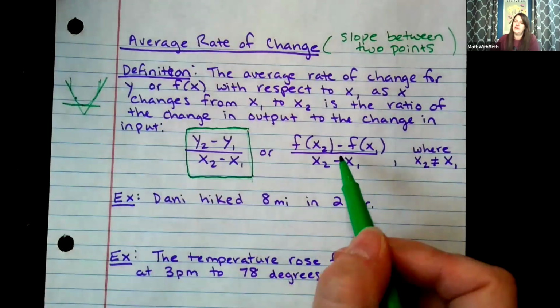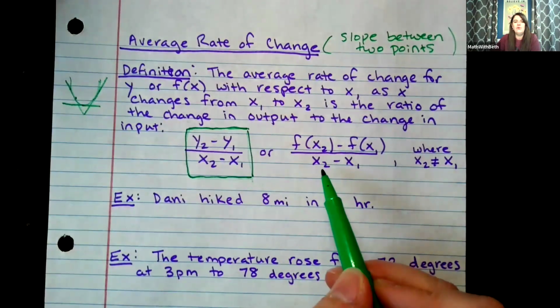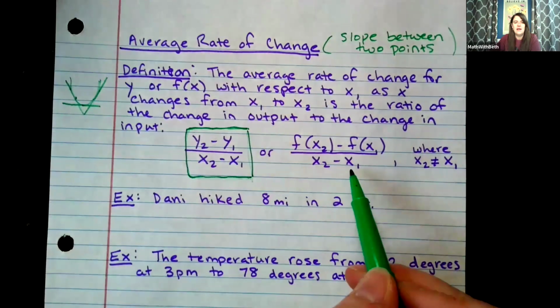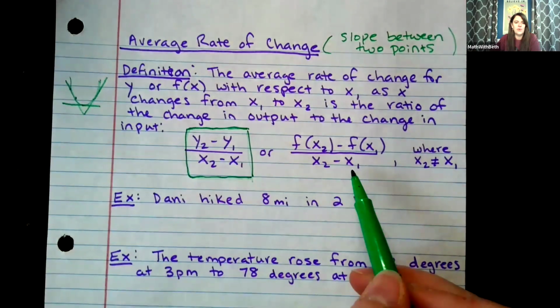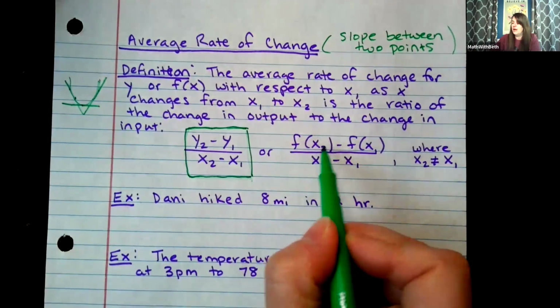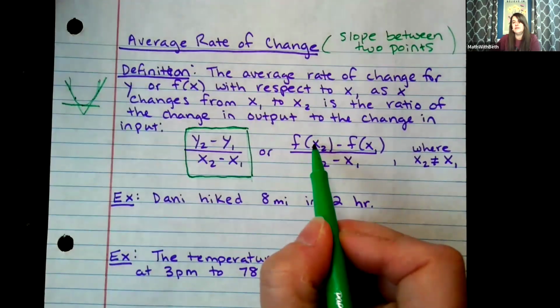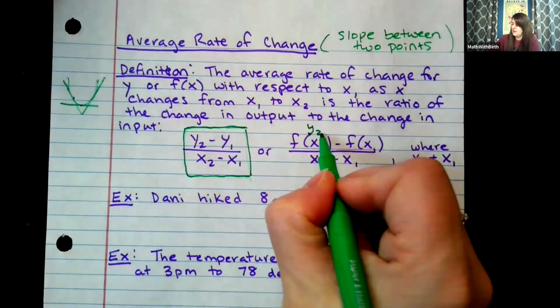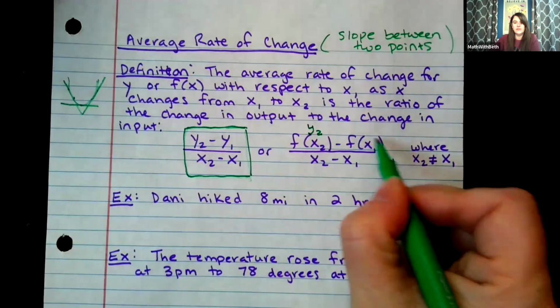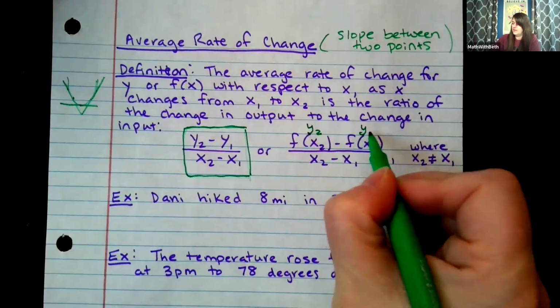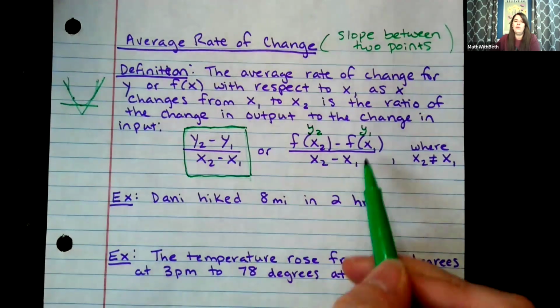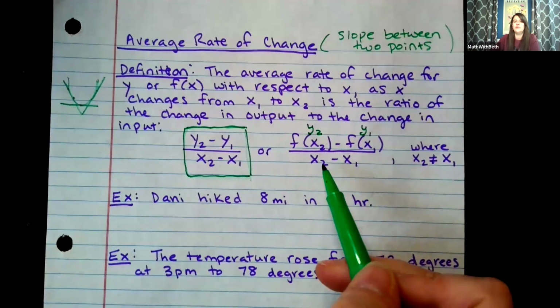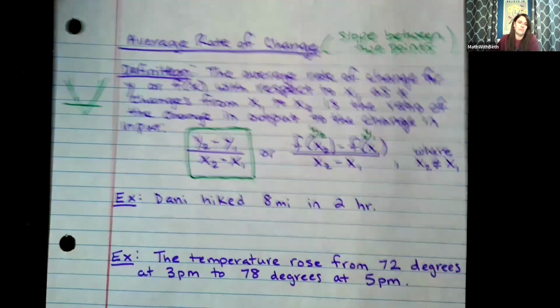The only reason it's written different is because it's pointing out that if you only had the 2 x's and you did not have the 2 y's that went with them, you would need to plug the x into the equation here to get the y value that goes with it. That's all this fancier version is saying: if you don't have the y values, you can get them.